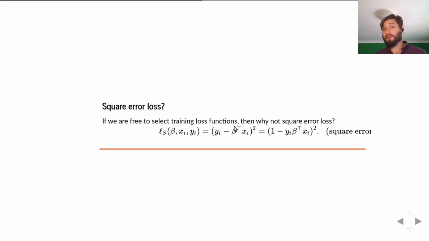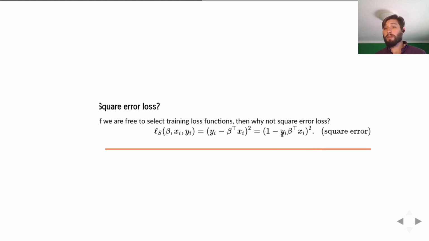We have yi minus beta transpose xi squared, and we could rewrite it as 1 minus yi times beta transpose xi squared, right? Because the yi is plus or minus 1, so we can just multiply the inner part by yi squared, and we get this thing. So this is one way to express the square error loss. It's also a function of this yi times beta transpose xi, just like the other losses. But it's this particular function, which is 1 minus yi times beta transpose xi squared.